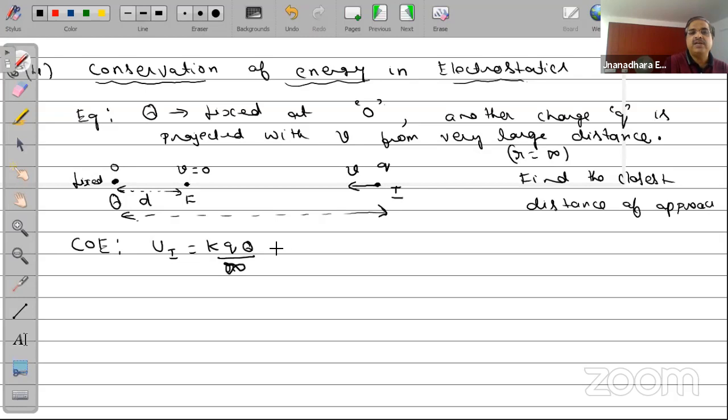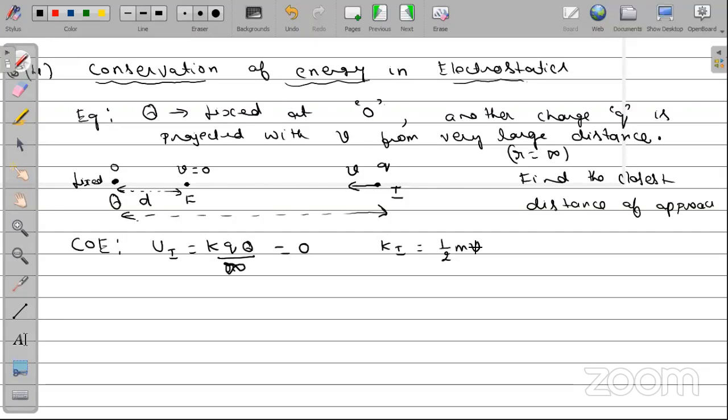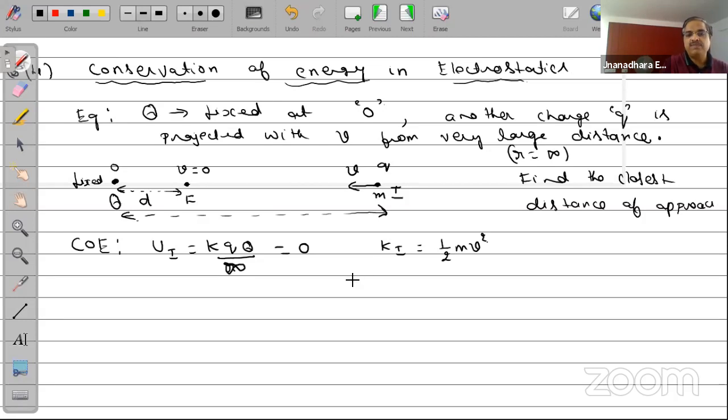R is infinity, and therefore 1 by infinity will become 0. But the initial kinetic energy will be given as half mv square, where m is the mass of this particle. Finally, when it comes to this point, the potential energy will be equal to KQQ by d, the minimum distance that we have to find.